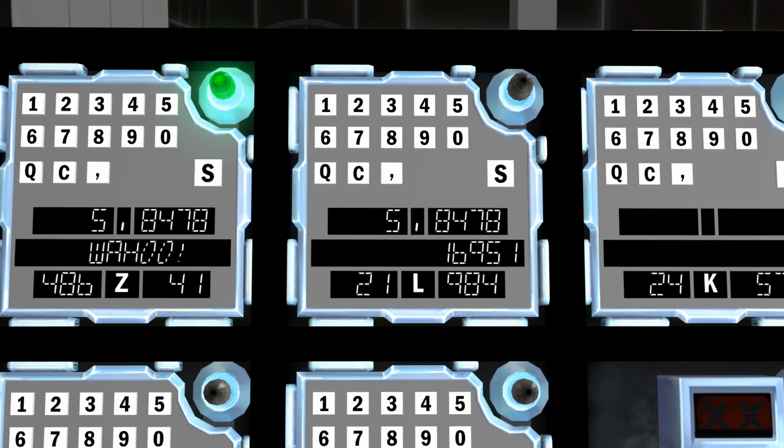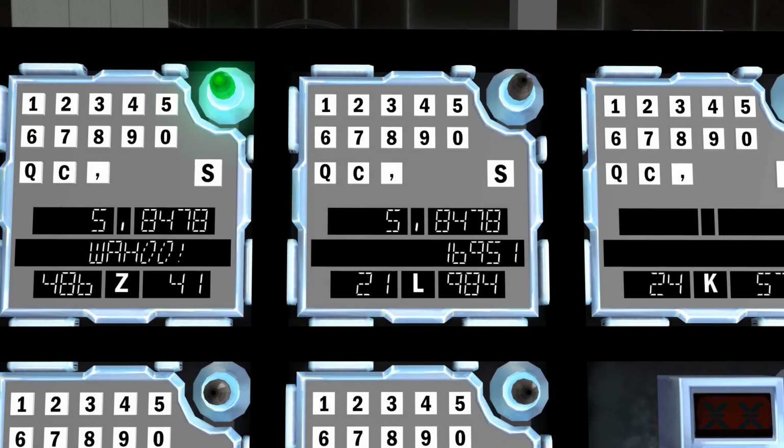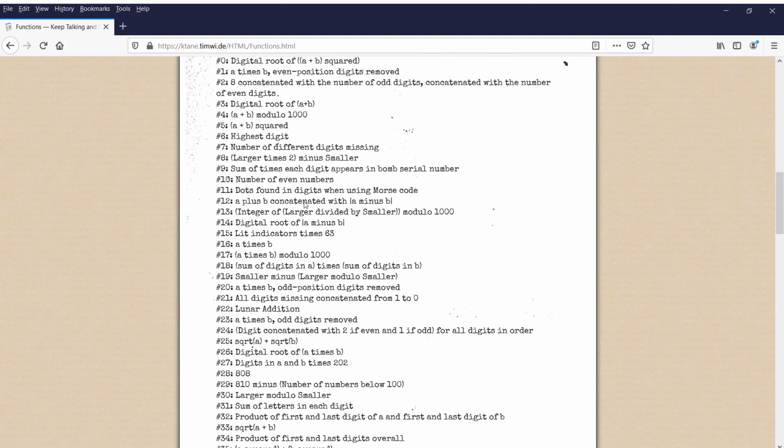L984. Then I have a concatenating-like thing set up here, so let me just hide this. Let's go through each one of the things.